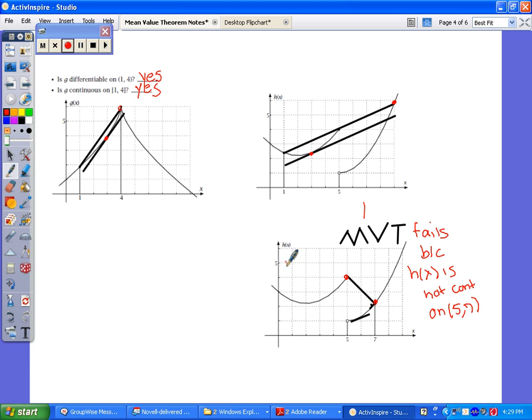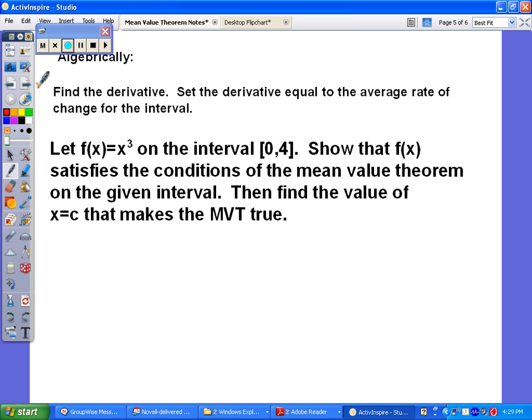But if it's not continuous, there could be a c value, but we're not 100% sure. And if you go through the worksheet that I gave you on Monday and try the different examples, that should show you all the different cases and the reason why the hypothesis can be true and why it may not be true, but the mean value theorem still works.